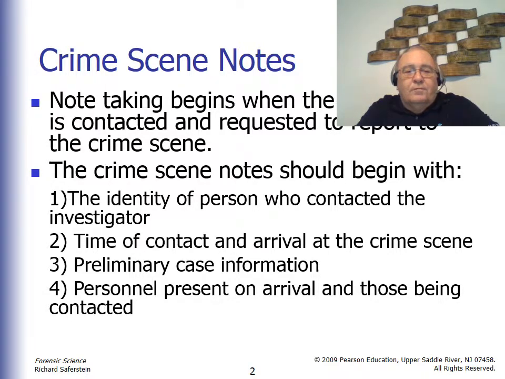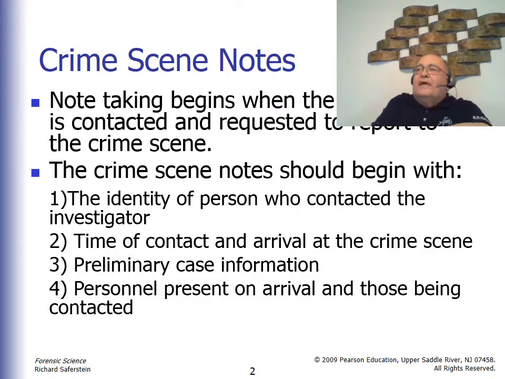If you're in the station in the crime scene office, it could be a telephone call from either a supervisor or the communication center, or if you're out driving around, it could be via your radio communications. You should log somewhere in your notebook the time you were contacted and the time that you arrived at the crime scene itself.